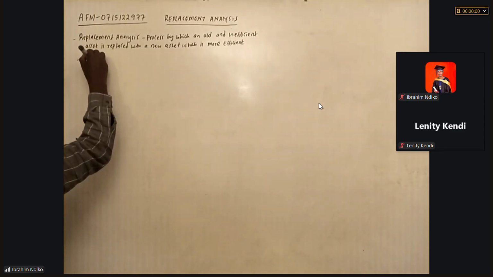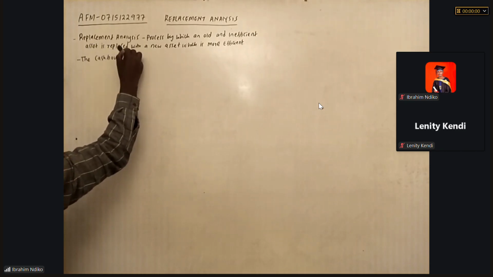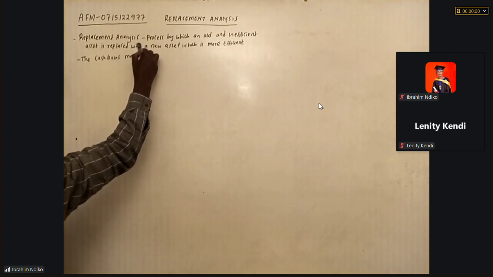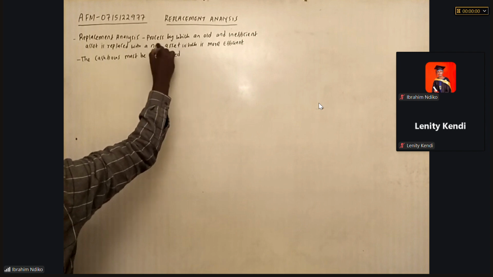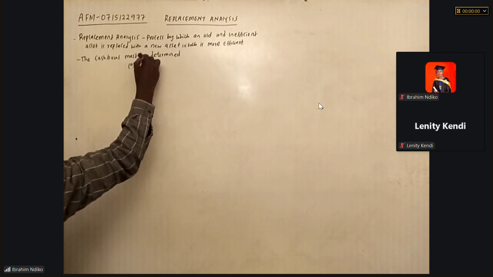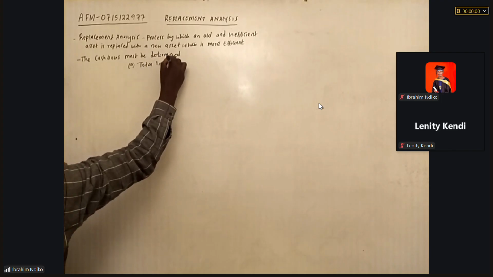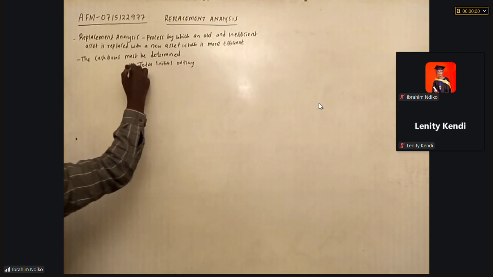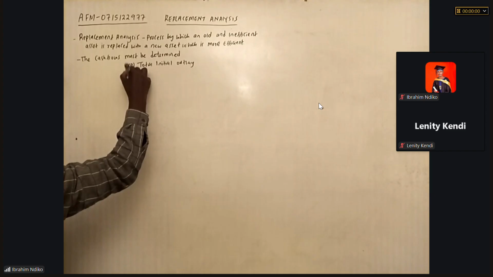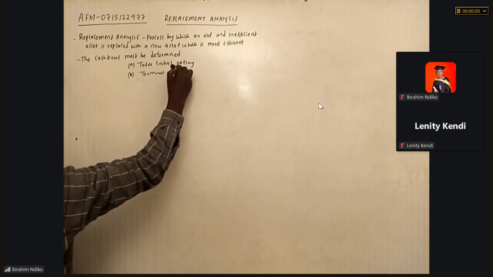Now, the following cash flows must be determined. Number one, total initial outlay. Number two, terminal cash flows.